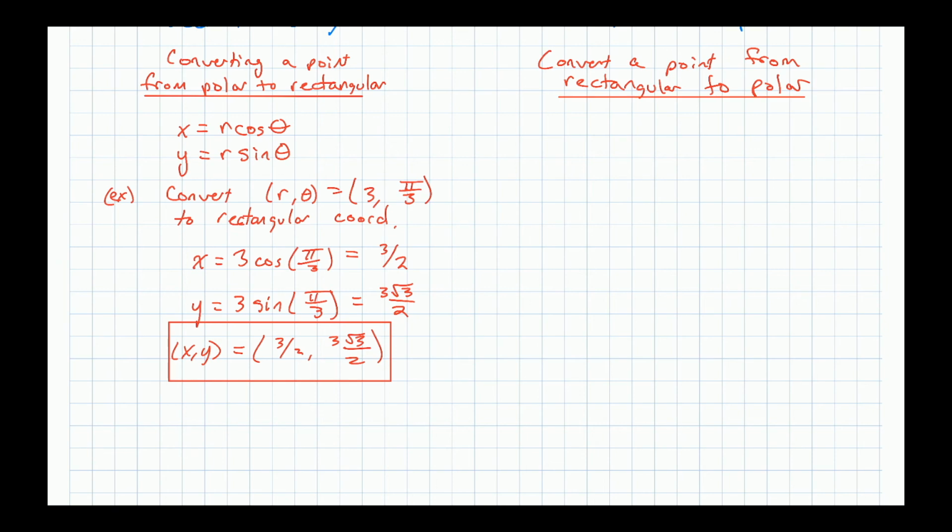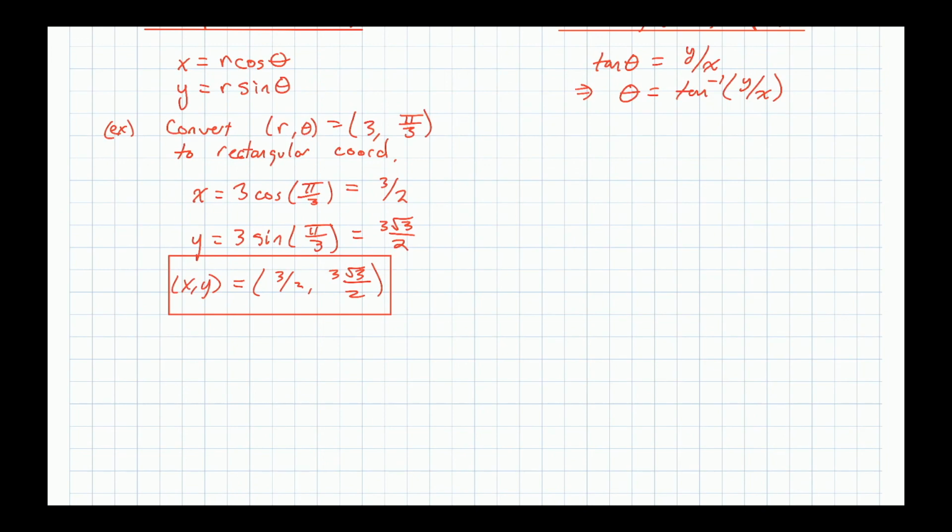We had that tangent theta is the y value over the x value, which then gives you that theta should be tangent inverse of y over x, except that you might be 180 degrees off, because this equation is only ever going to give you something between negative pi over 2 and positive pi over 2.